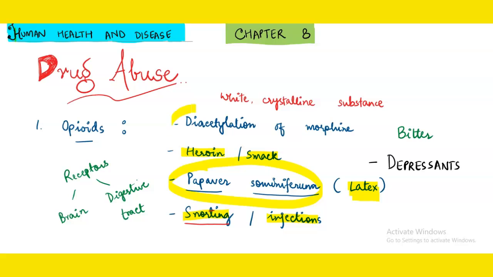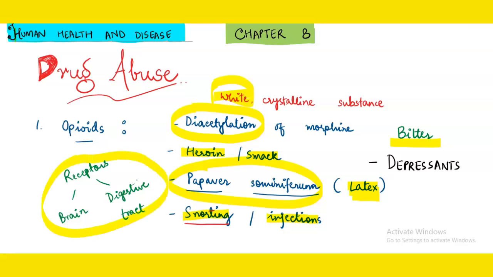Which process is done on morphine to get smack? Diacetylation. Which color is it? It is white in color. Is it crystalline? Yes, true. What is its taste? Bitter. And what is it doing? It is acting as a depressant because it is lowering the activity of the body. Where are its receptors present? Receptors are present in the brain and digestive tract. I hope you have understood this.